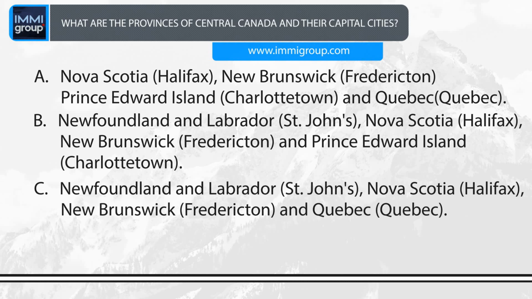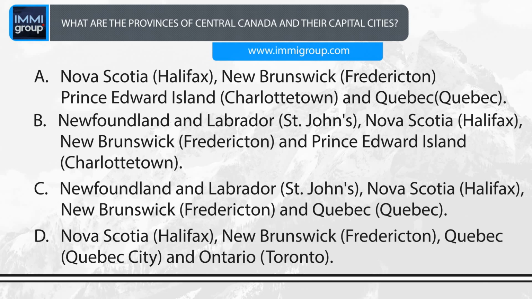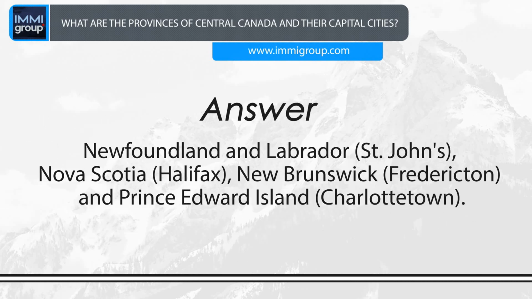C. Newfoundland and Labrador, St. John's, Nova Scotia, Halifax, New Brunswick, Fredericton, and Quebec, Quebec. D. Nova Scotia, Halifax, New Brunswick, Fredericton, Quebec, Quebec City, and Ontario, Toronto. Answer: Newfoundland and Labrador, St. John's, Nova Scotia, Halifax, New Brunswick, Fredericton, and Prince Edward Island, Charlottetown.